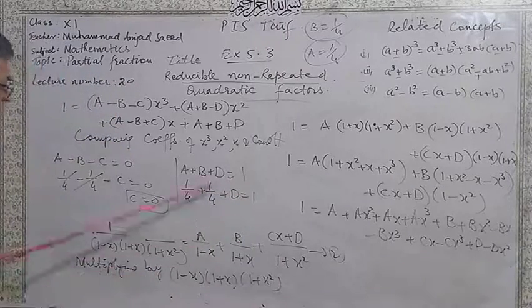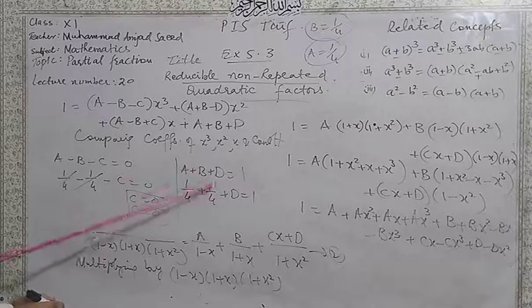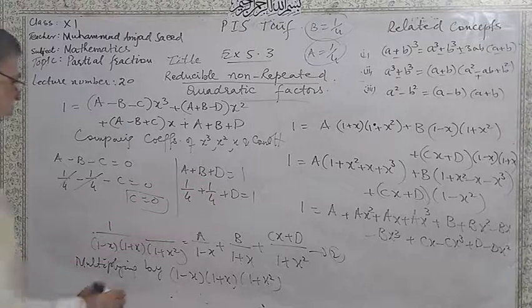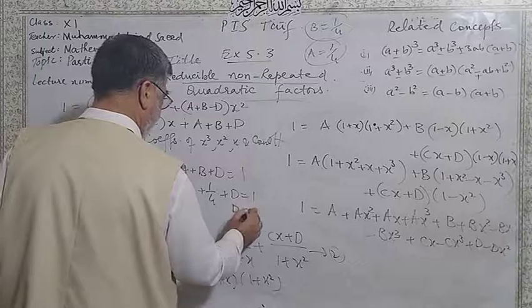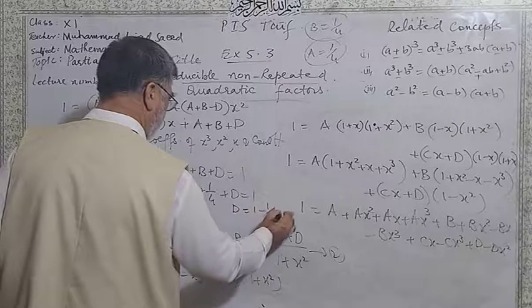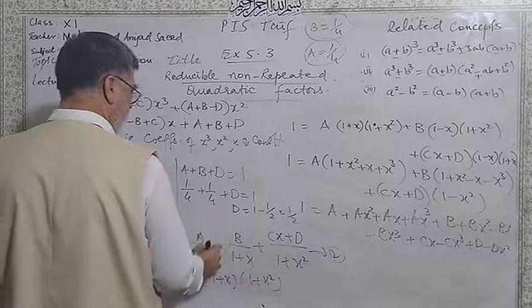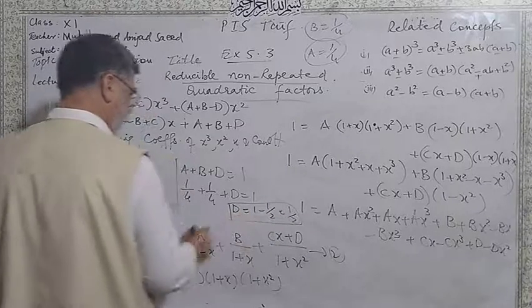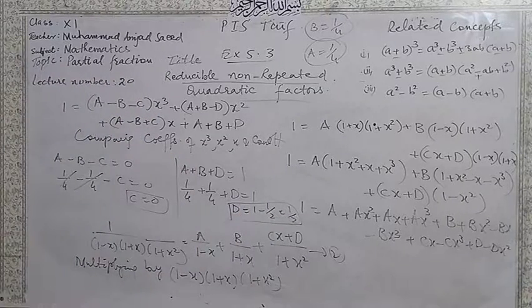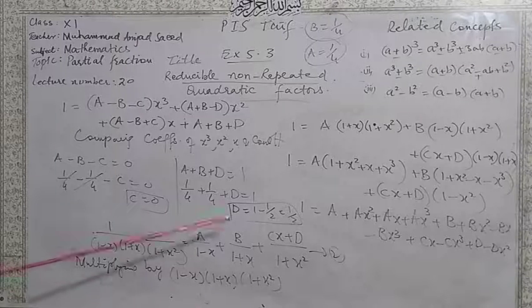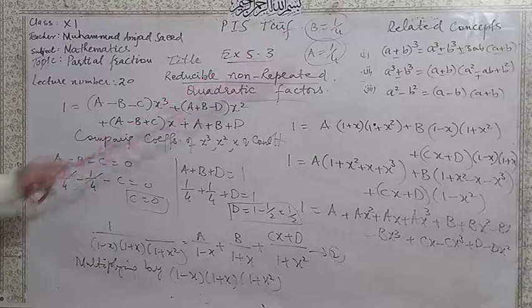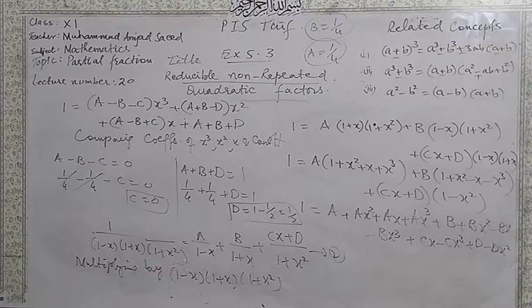Actually, this is 2 over 4, 2 over 4 is actually 1 over 2. So d is equal to 1 minus 1 over 2, this is 1 over 2. D is equal to 1 over 2. So we have found all these values a, b, c, d.